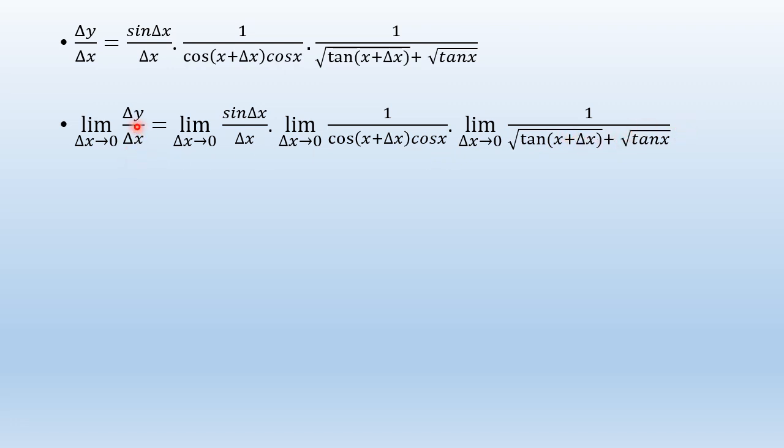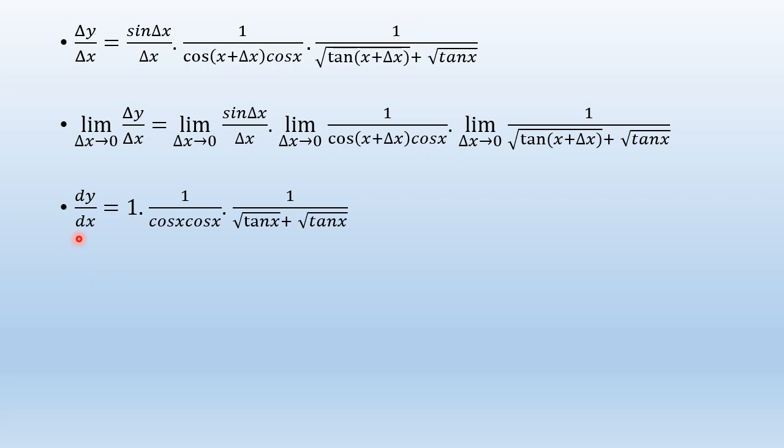What will happen? This will become dy by dx. This limit will become 1. Here this del x becomes 0 and this del x becomes 0. So let's see what do we have. Dy by dx is equal to 1 by cos x into cos x, 1 by under root tan x plus under root tan x.